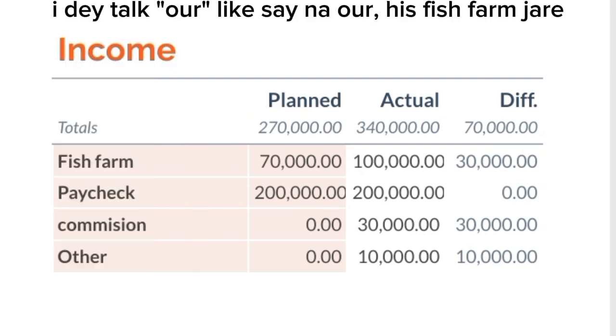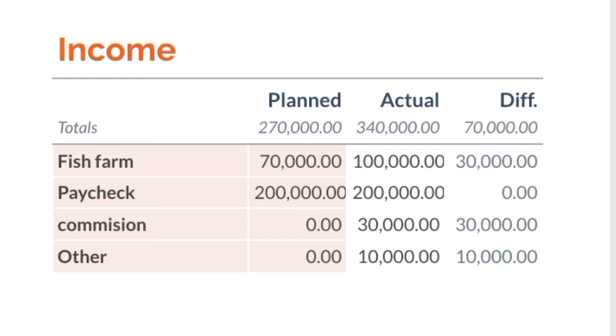For his paycheck, we planned 200k, we got 200k. Commission, James did not plan anything for commission, so getting 30k for commission gave him a positive.